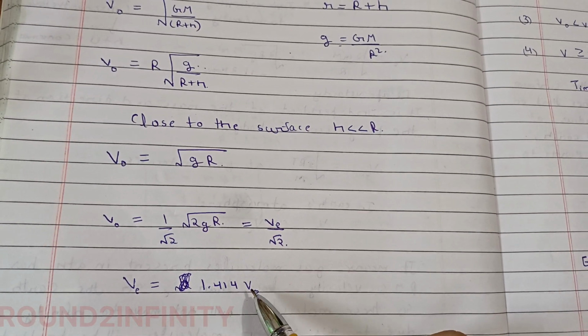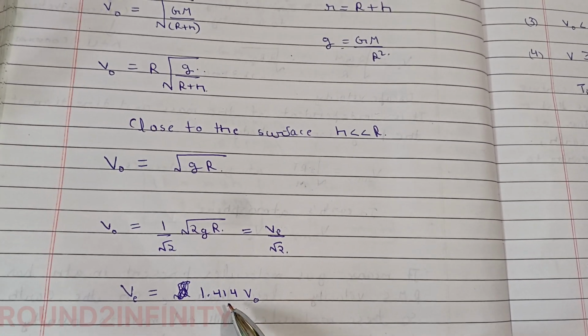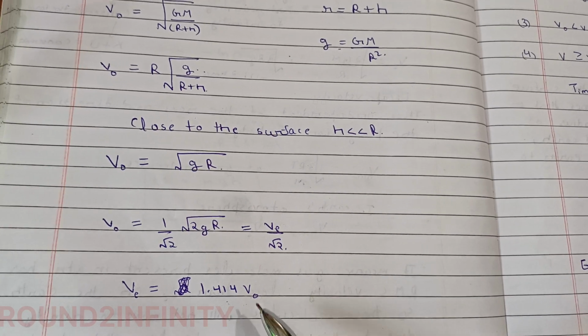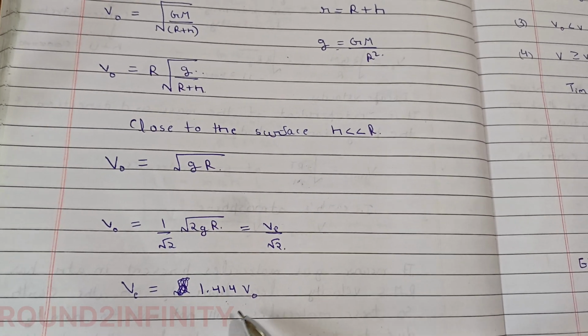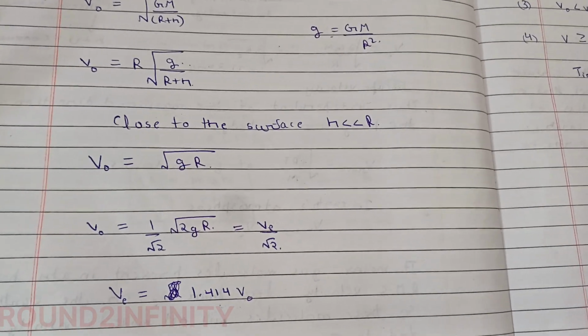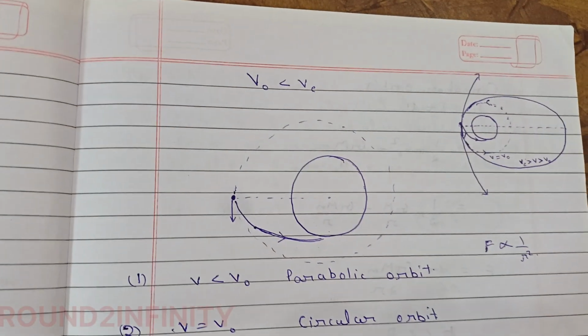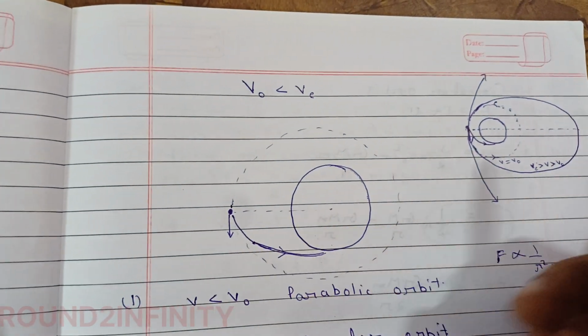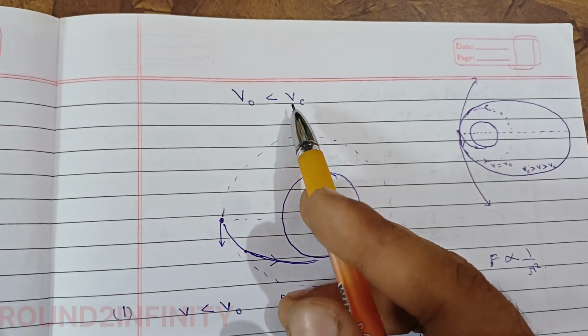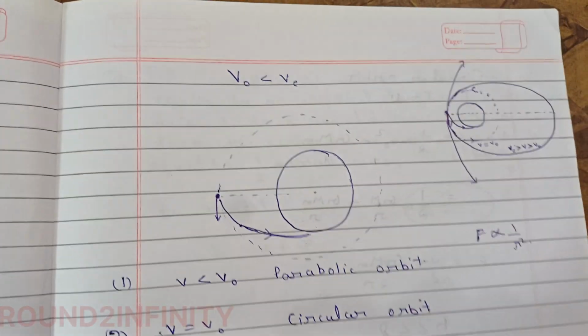So v escape is 41% greater than orbital, or we can say 141% of orbital velocity. From this number you can find this percentage. Orbital velocity is always less than escape velocity, and escape velocity is nearly 40% more than it.